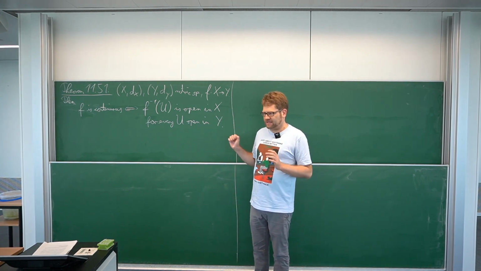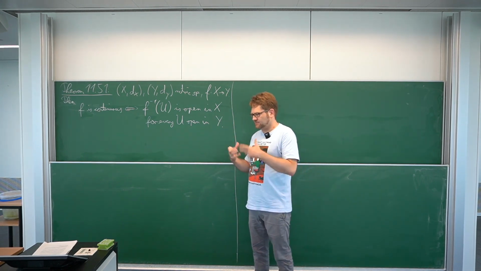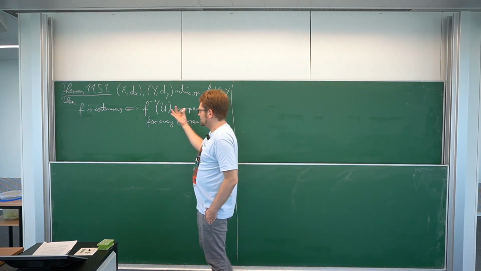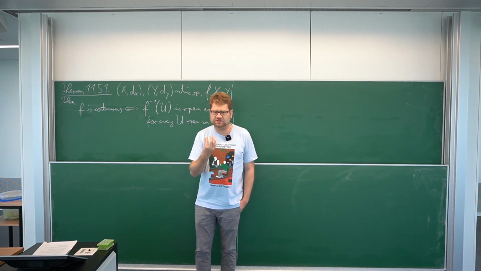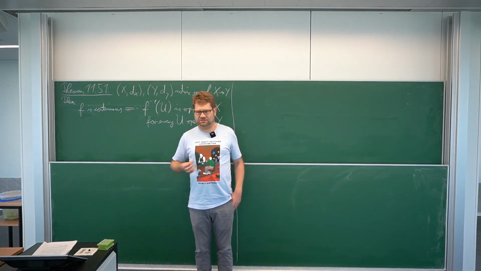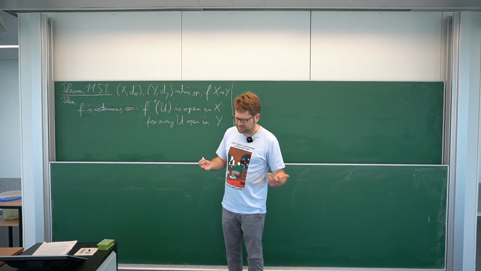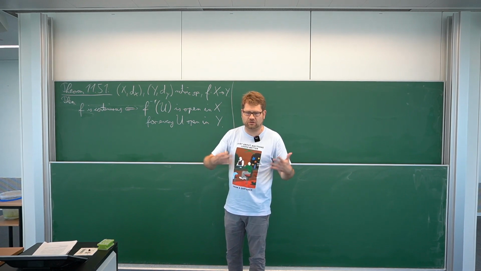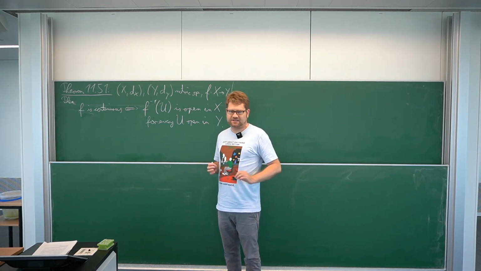We just have open sets. And by open sets, I mean basically a system of subsets, which we call open, which has the properties from one of the previous theorems where I showed that arbitrary unions of open sets are open and finite intersections of open sets are open. So in general, you can define topological spaces by having a system of subsets and axiomatically demand that these properties are satisfied.